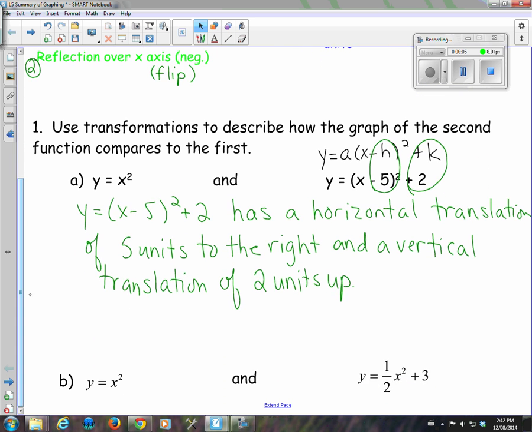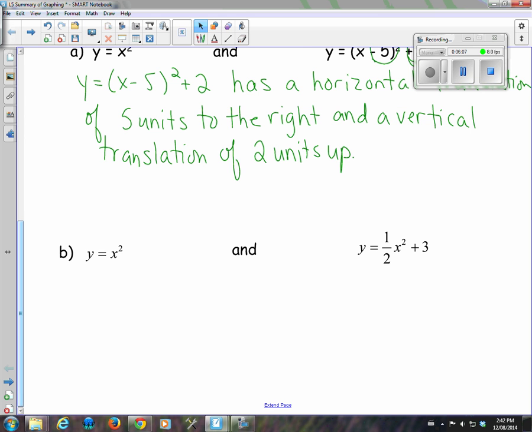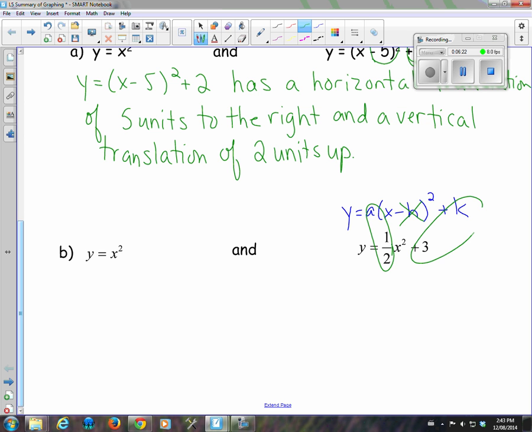So if I look at the last one here, and I think about my pattern, y equals a(x minus h) squared plus k. This time, there's no h. There's an a number, and there's a k number. And so I know the k number is a vertical translation.